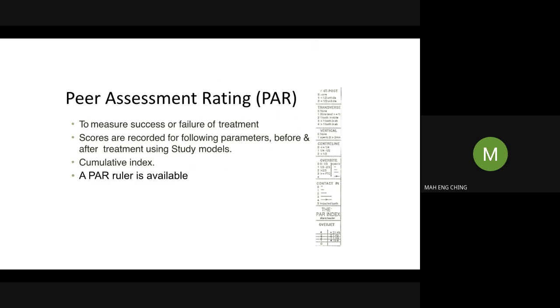So before I go to other indices, do you have any questions regarding this dental health component? Doctor? Yes. For 5i, just now you mentioned, is the third molar included or not included? Not included. Okay, thank you, Doctor. Third molar is not our business for braces.